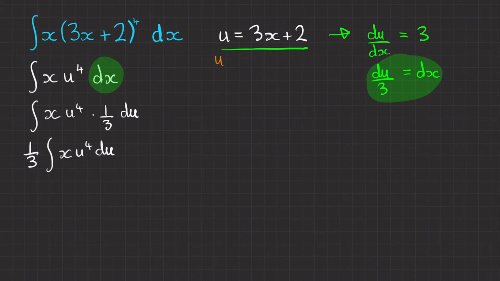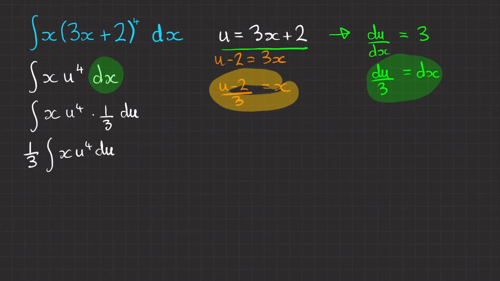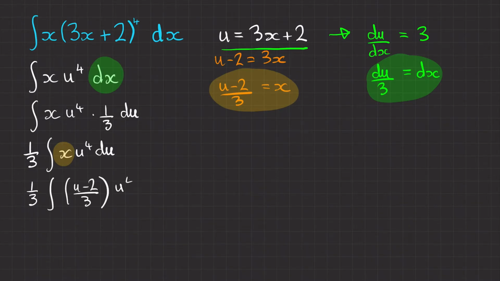So we'll have u minus 2 equals 3x, and then u minus 2 over 3 equals x. So we've now got our x equivalent in terms of u. So we can replace this x value and get a third lots of u minus 2 over 3 lots of u to the 4 du.